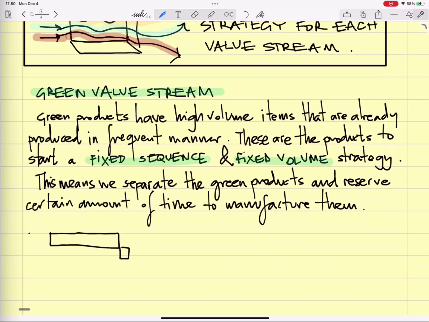So this is product 1, then we have change over time from 1 to 2, then product 2, then change over time from 2 to 3, and so on.